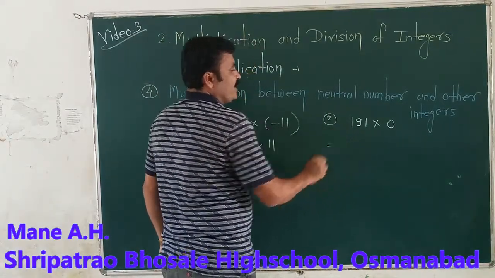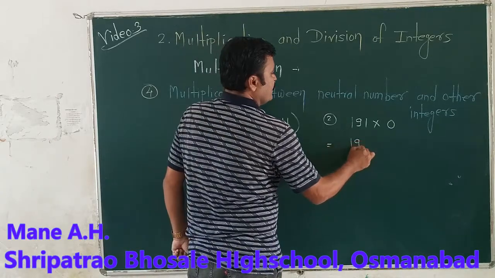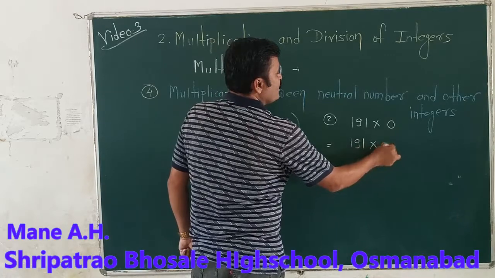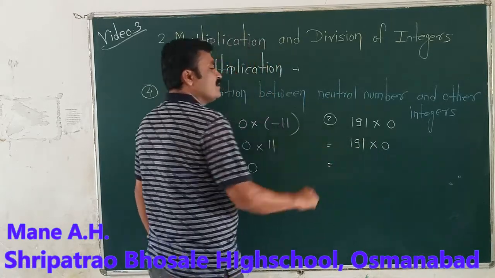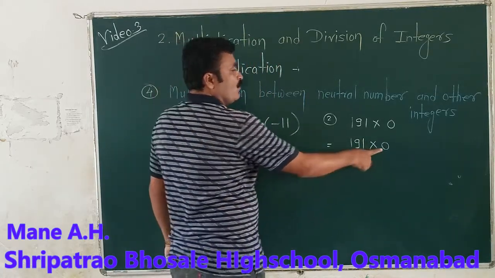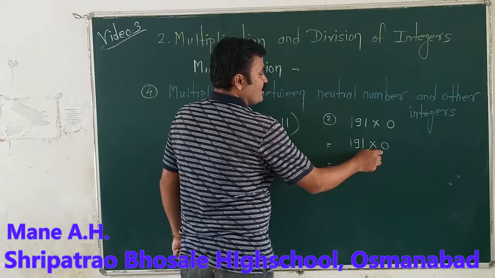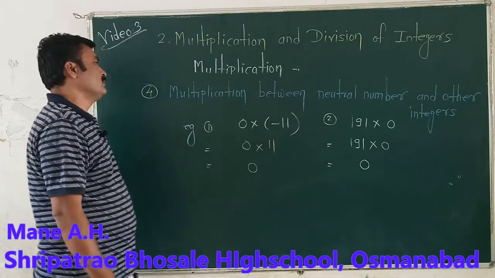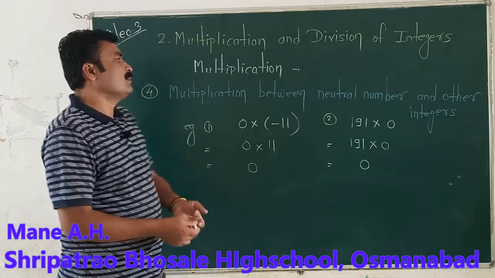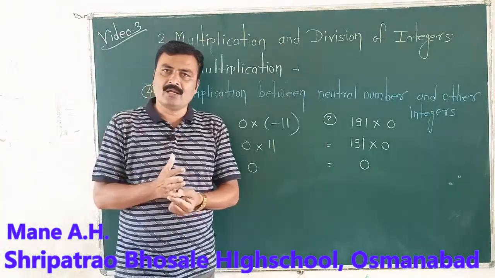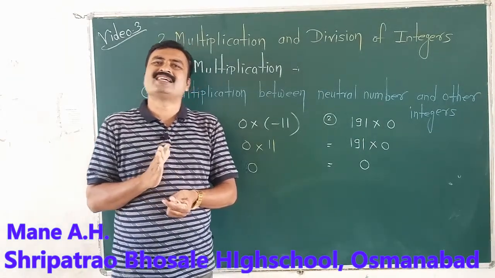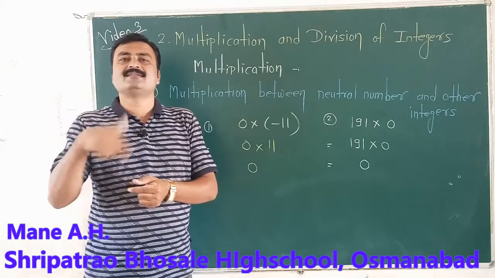So magnitude of 191 is 191 into magnitude of 0, that is 0. Now in this multiplication, one number is 0, so the product always gets 0. So we say here, when we do the multiplication between a neutral number and any other integer, their product always gets as a neutral number, that is 0.